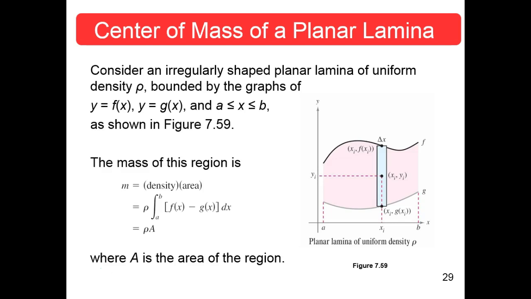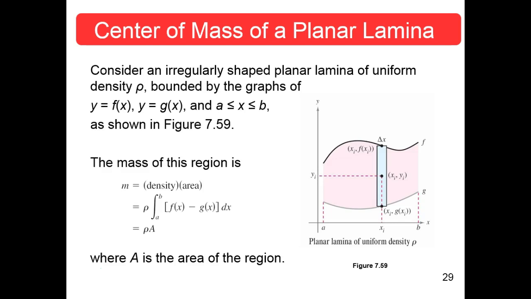The height of that rectangle is f minus g, okay? The width of the rectangle is your delta x or dx, and if you sum all those from a to b, do the integral, that's what you get. That's your area, multiply it times your density, that is your mass.